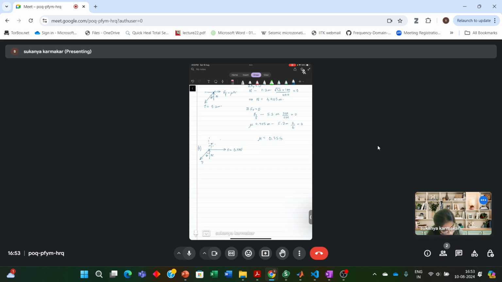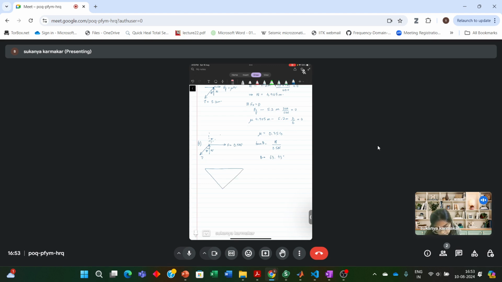So here we can write tan theta is equal to this by this, theta is 53.43 degrees. Clear? Now you already have this configuration.